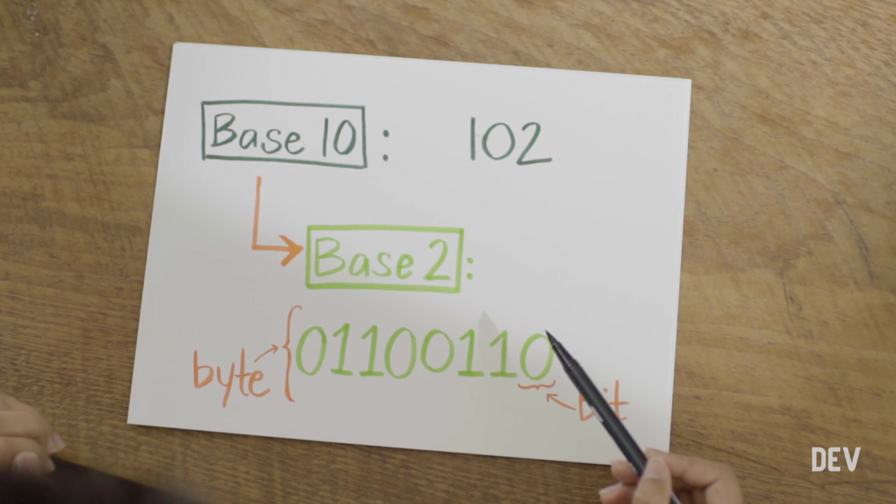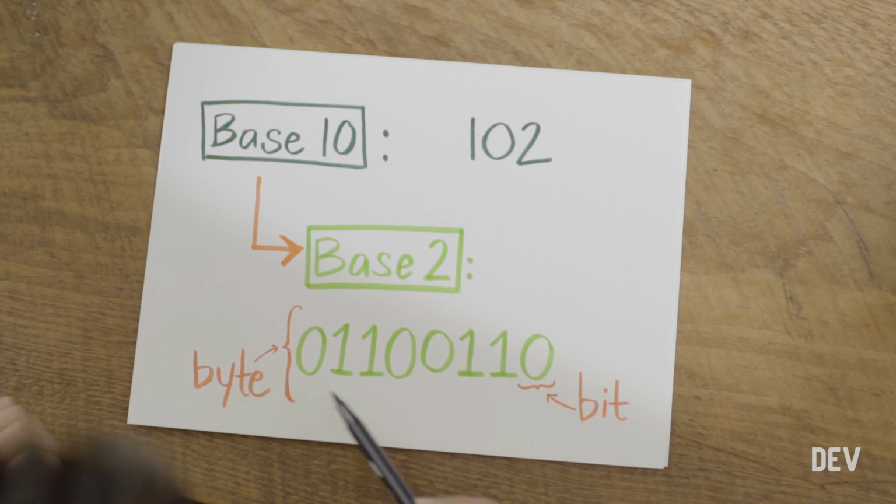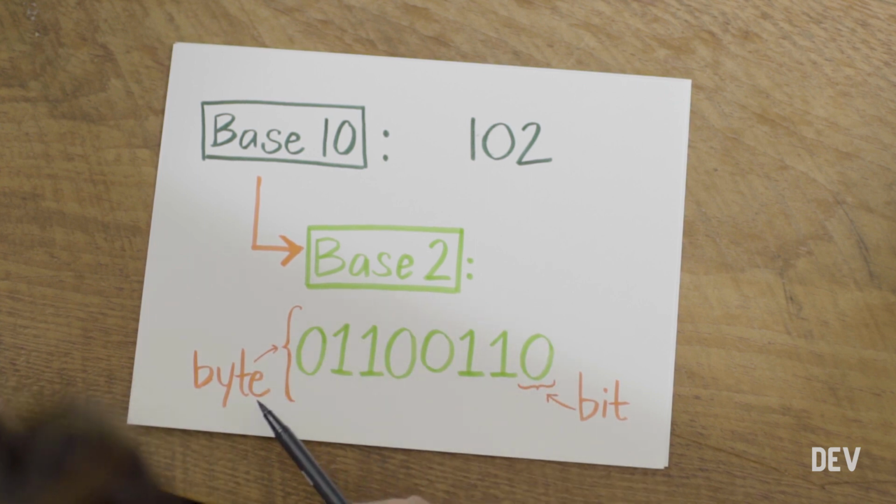Remember that in base 2, in binary, each of these digits is called a bit, a binary digit, and this whole representation of the number 102 is actually 1 byte of information. So we can see that 1 byte of information is needed in order to represent the concept or the idea of 102.